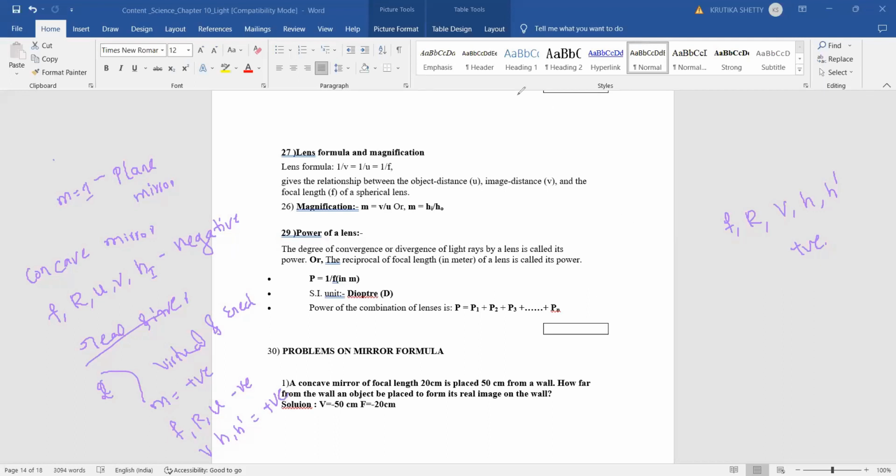So this is in case of a mirror. Now I'll write for the lens. You copy down. So for the lenses, when you study lenses, when you have a convex lens for real and inverted image, focal length, h value, v value, all these are considered positive. u and h dash, that is object and image height, they are taken as negative.